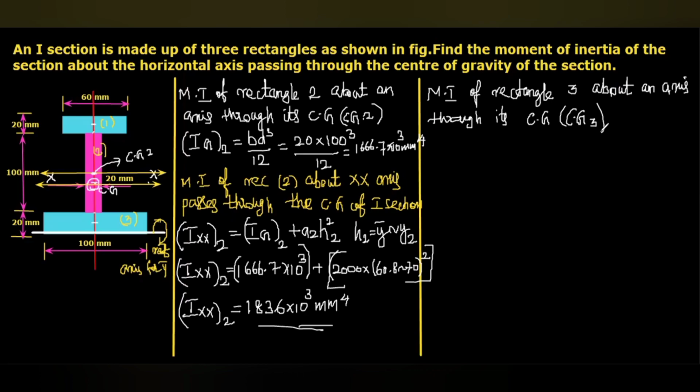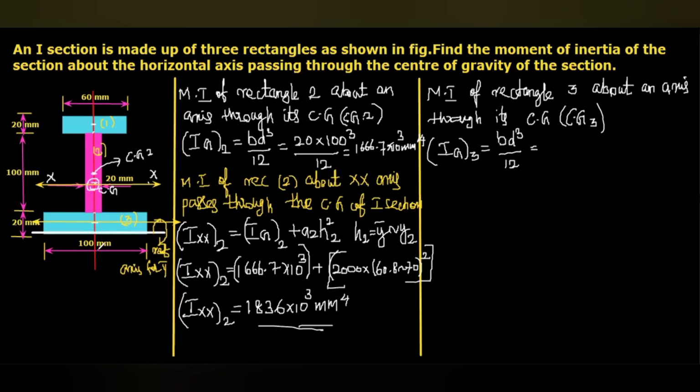I just erase this axis to avoid the confusion. Now I'm going to draw the axis which passes through the center of gravity 3, this one. With respect to this axis, the moment of inertia will be Ig3. We can write that value by using the same formula, that is B d cube divided by 12.